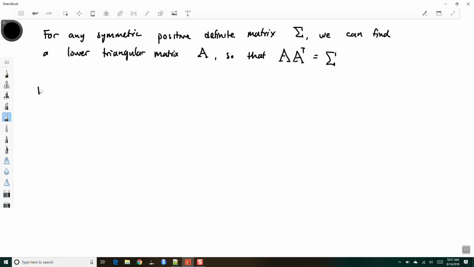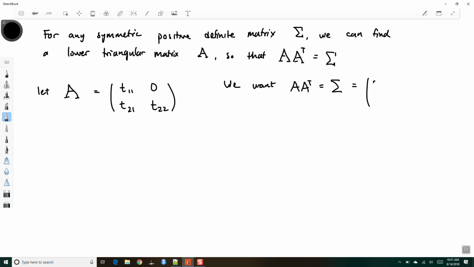And so we will let A be a lower triangular matrix, which we will call T11, 0, T21, and T22, and we want AA transpose to equal sigma, which will be our variance covariance matrix, right?